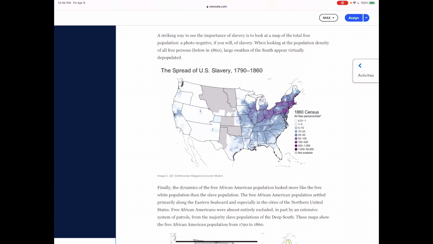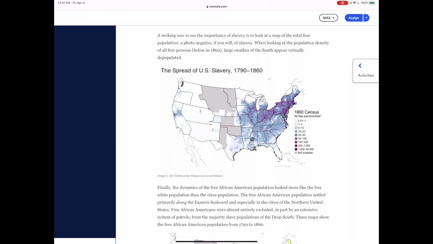So the deeper, darker colors are still the higher density of people, but it's going to be the exact reverse of what we saw up above, because the deeper, darker reds from the other map was the higher percentage of enslaved. So the lighter the color here is the smaller percentage of free people. So that should make a lot of sense.